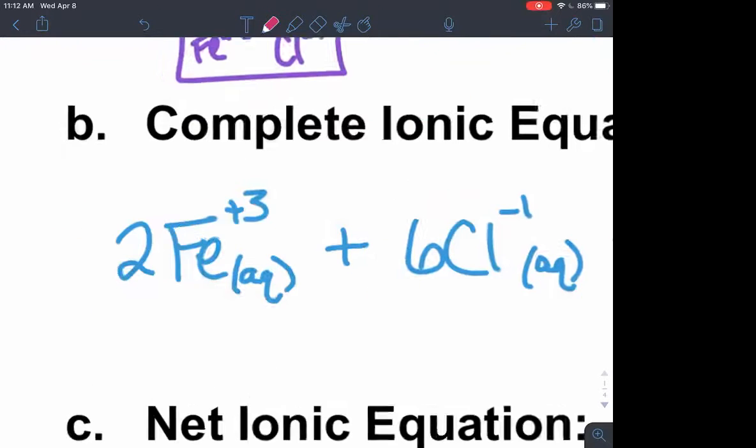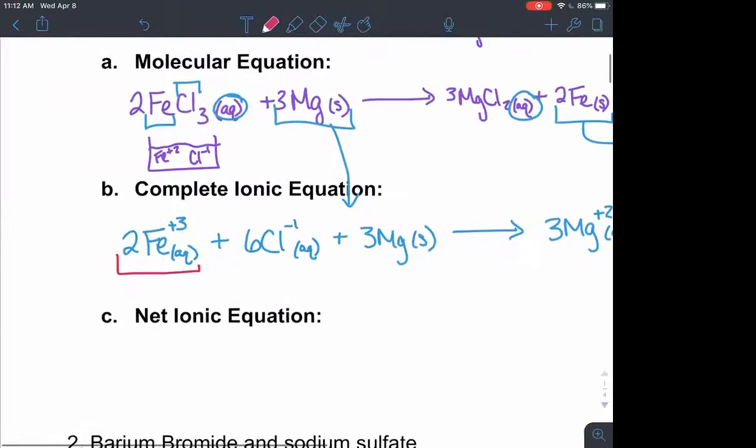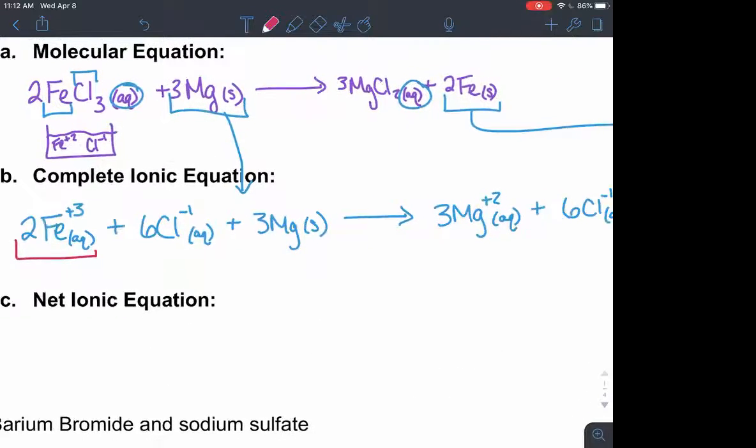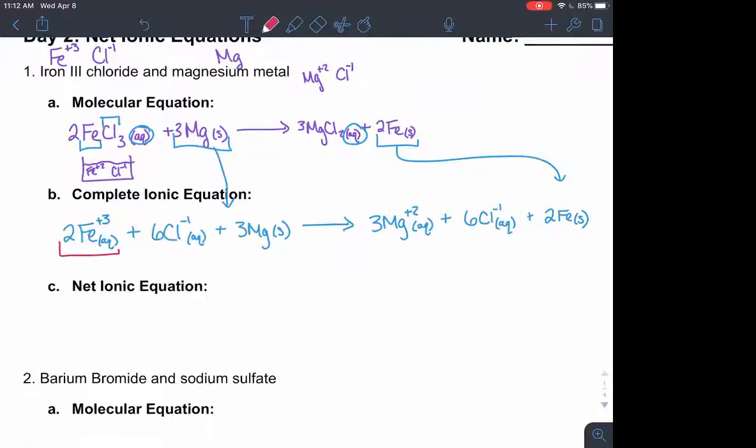So if we take a look, do we have 2 iron ions in aqueous solution on both sides? You see 2 Fe's with a +3 charge on both sides. Yes.